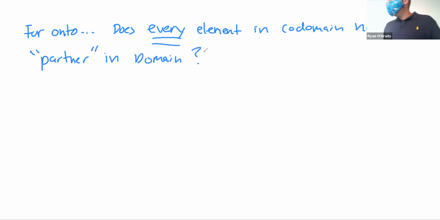So basically we're saying, remember, that another way of thinking about being onto is that the codomain and the range are the same. Now the codomain here is the integers.